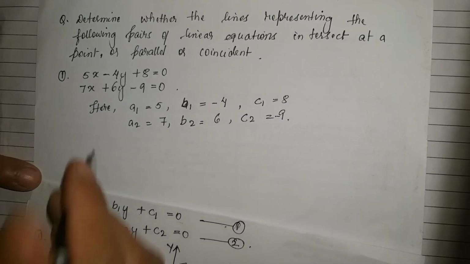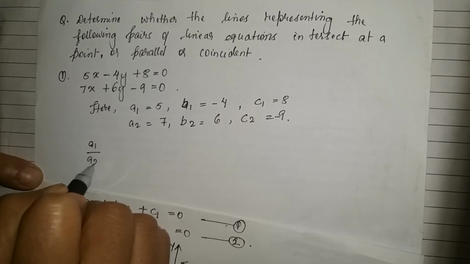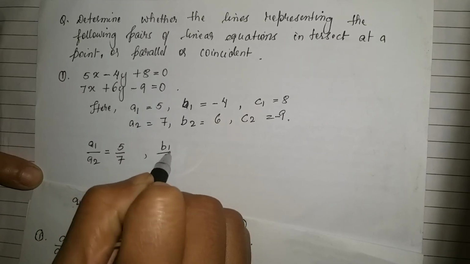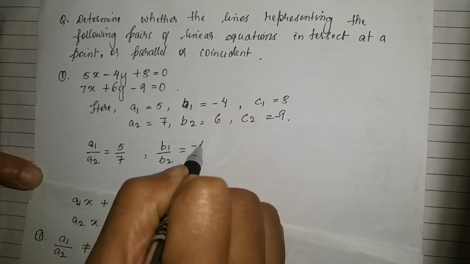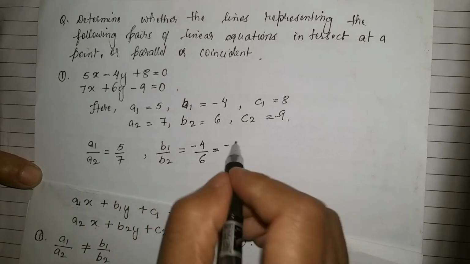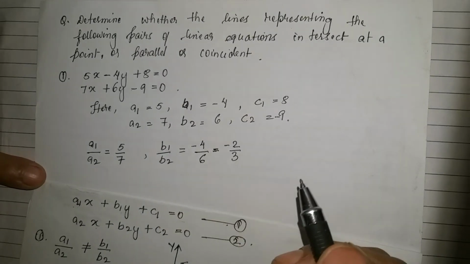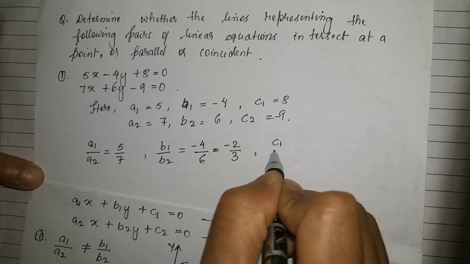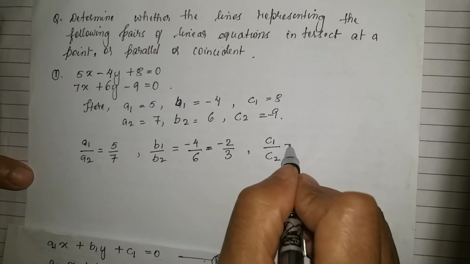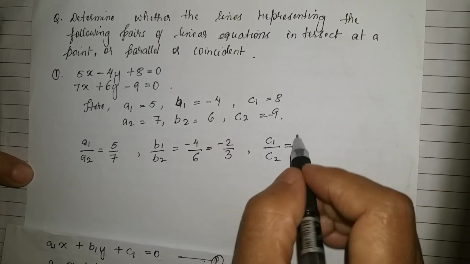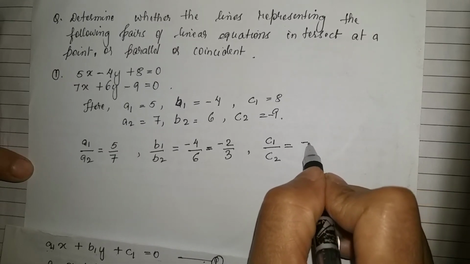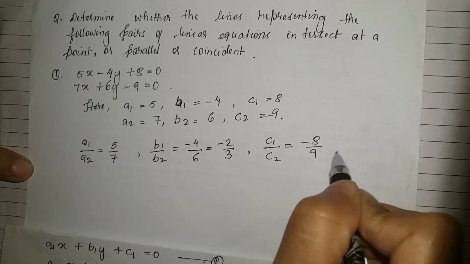Now let us find out the ratios. a1 by a2 is 5 by 7. b1 by b2 is minus 4 by 6. After cancellation, we'll get minus 2 by 3. And c1 by c2 is minus 8 by 9.